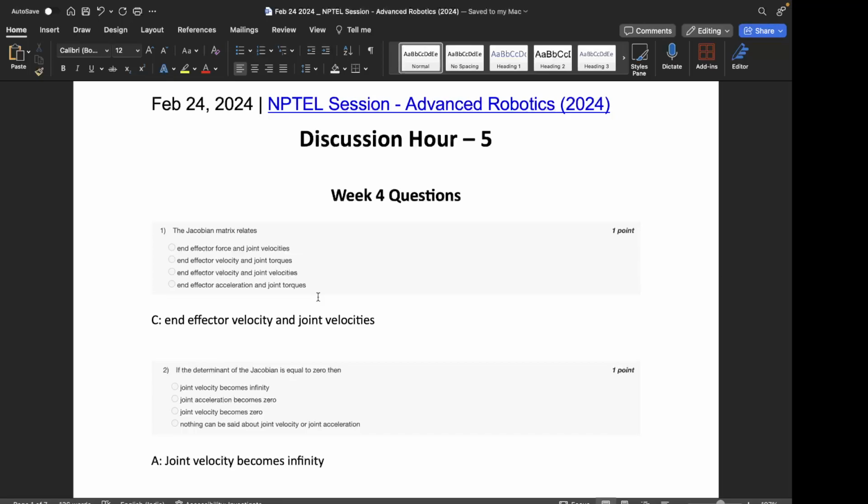So we saw the importance of the Jacobian matrix of a manipulator in relating quantities in the task space to quantities in the joint space. We'll see a few questions around these concepts and some other related concepts. As we go through the questions, I will explain the related concepts, and if there is any doubt, please feel free to point them out.